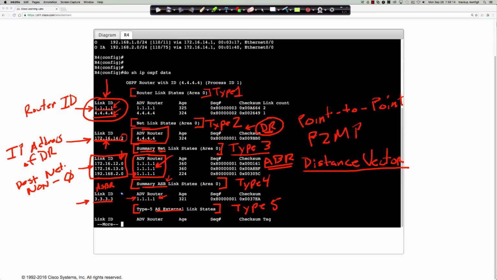And I guess I shouldn't say to get to 3.3.3.3, excuse me, because this is, again, the router ID for the advertising router, right? So we've got a type 4, and the type 4 basically tells you how to get to the ASBR so that you can get to this type 5 information.